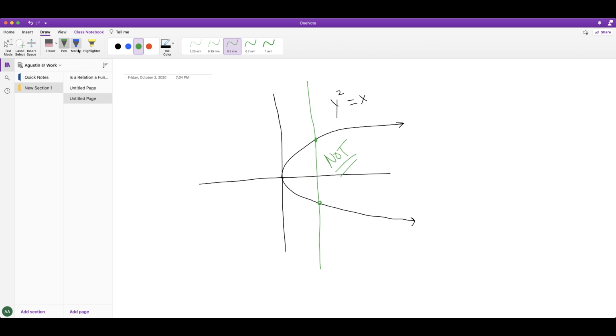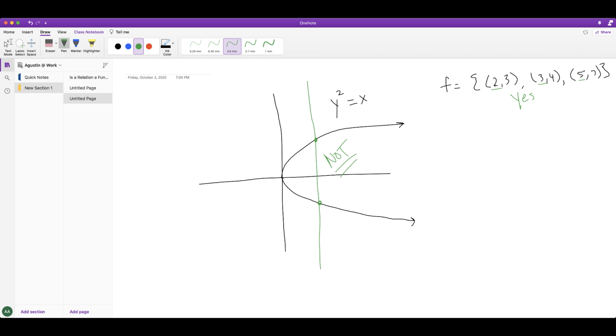Okay. Now the other one you might see is points, just a list of numbers. If they tell you the function f is equal to, and then they give you a list of points, like 2 comma 3, 3 comma 4, just make sure that the x does not repeat. So if I have, let's say, 5 comma 7 and that's it, then yes, that's a function, because the x's don't repeat.